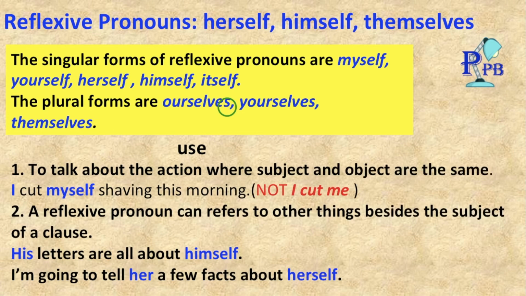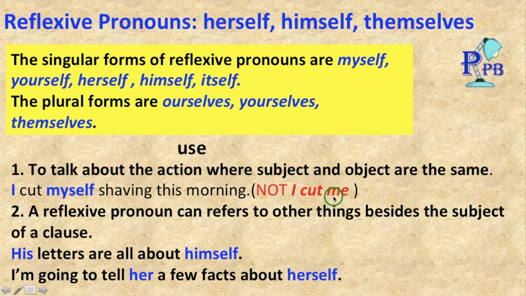Use. Now, where do we use these reflexive pronouns? When we talk about an action where subject and object are the same, we have to use a reflexive pronoun. For example, I cut myself shaving this morning. Here, we don't say I cut me.